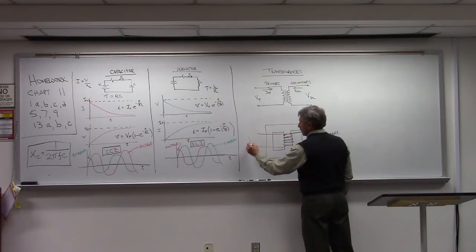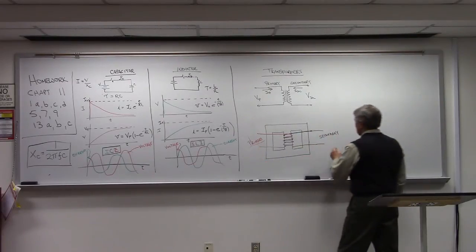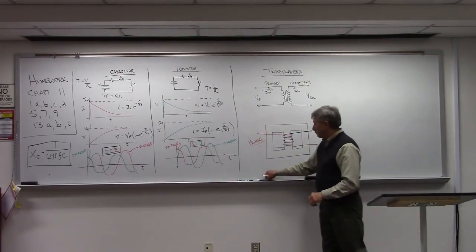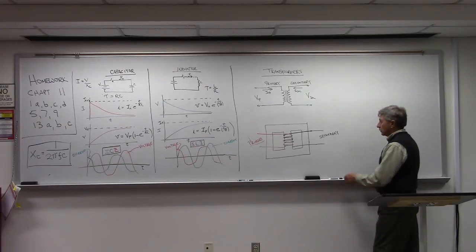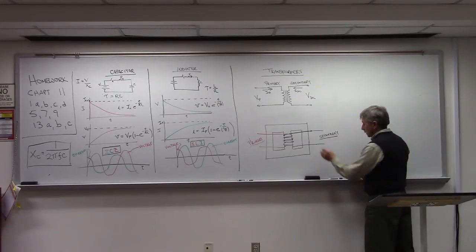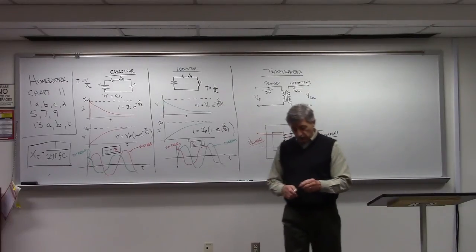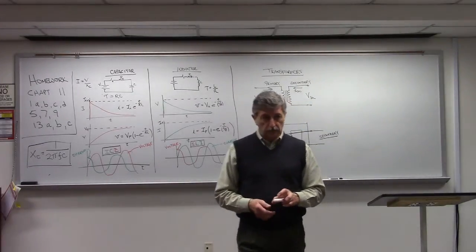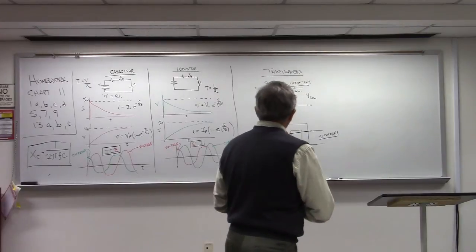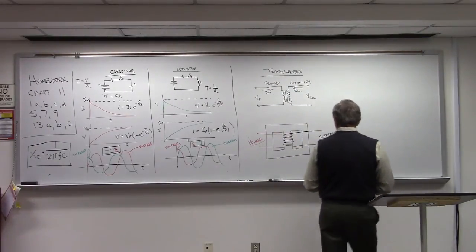And that's called the primary. I'm only showing a few windings. Those transformers that you have there probably have hundreds of turns on them. And this is called a three-legged core.